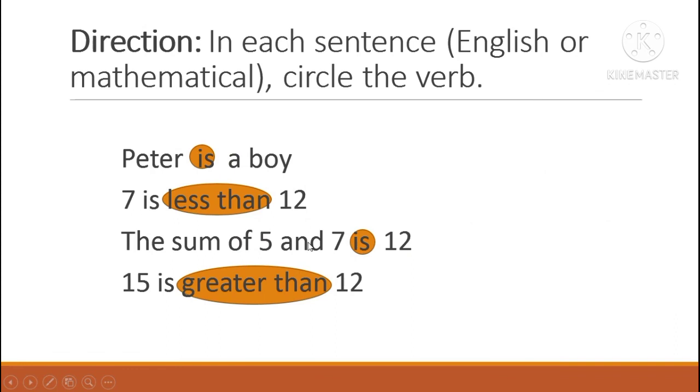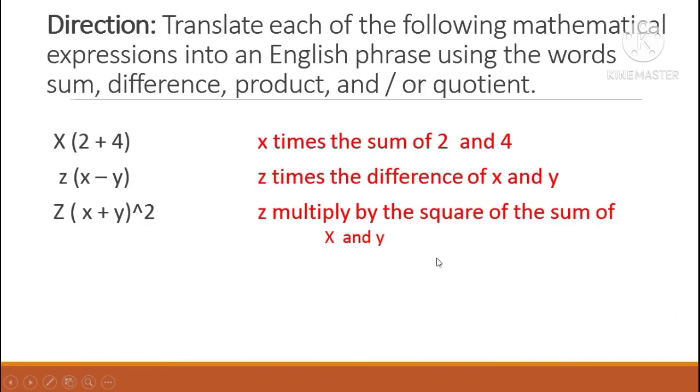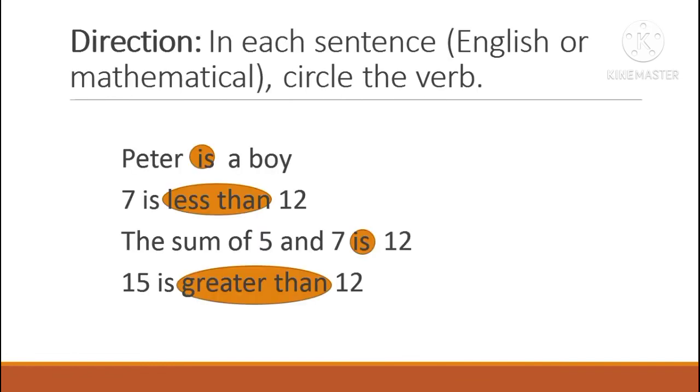The sum, our addition, is it a noun? Let's check. It turns out it is not a noun, our addition. So, the sum of 5 and 7 is 12. If we make it mathematical, it becomes 5 plus 7 equals 12. Right? Next, 15 is greater than 12. Our verb here, class, is greater than. Okay? Understood?